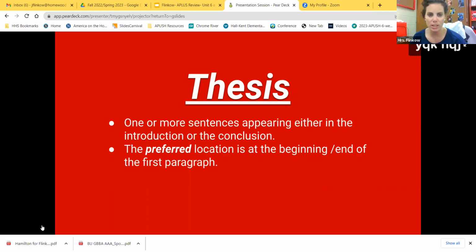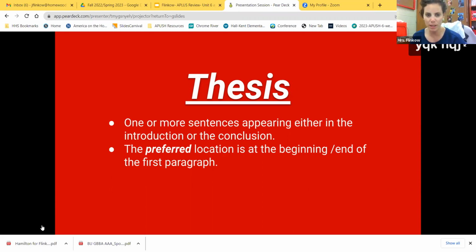The requirements are the exact same for both. So your thesis needs to be 1 or more sentences. I would say it needs to be about 2 sentences. And I tell my students, I don't give them the option. This needs to be the last sentence of your first paragraph, period.